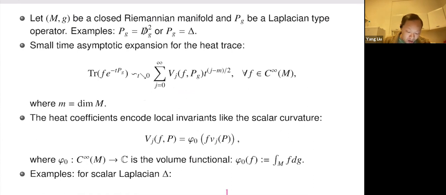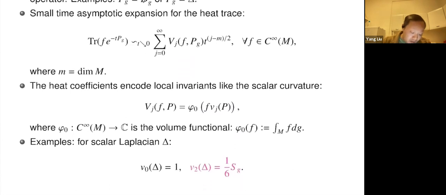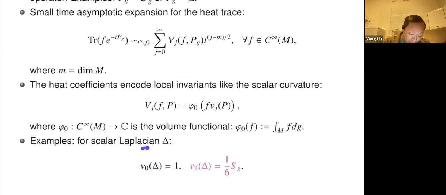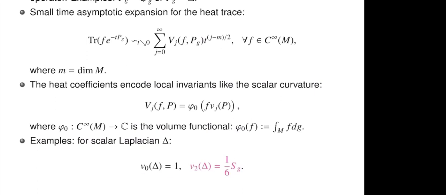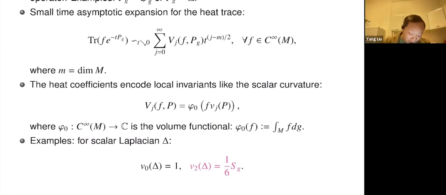Basically, they are derivatives of the symbol of P. For example, if we look at the Laplacian, the first term, the a_0 term, gives you the volume, and the functional density is the constant function 1.